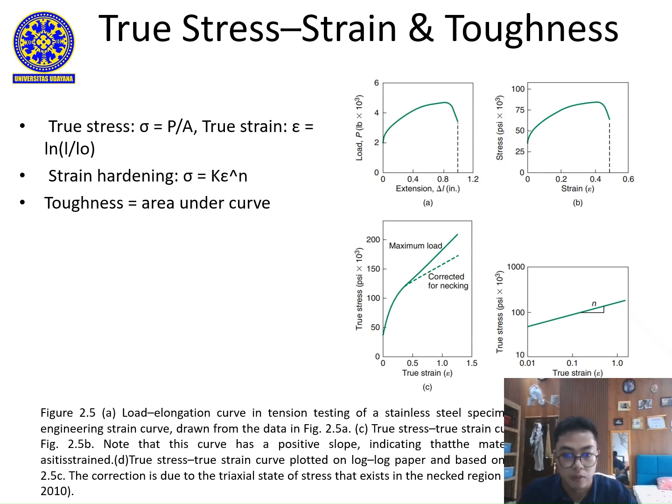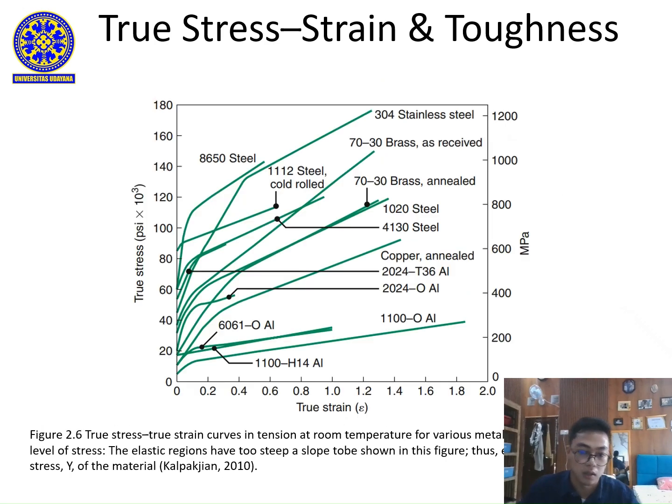Figure 2.5 and 2.6 show examples of true stress-strain curves of various metals. This is figure 2.6, which shows more examples of the stress-strain curve of metals.